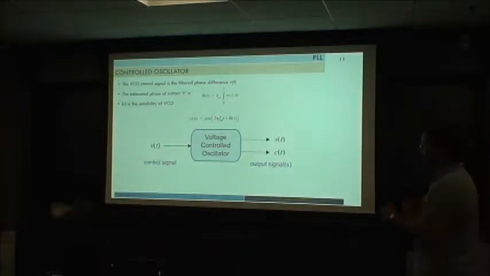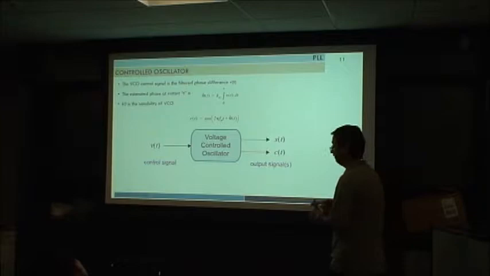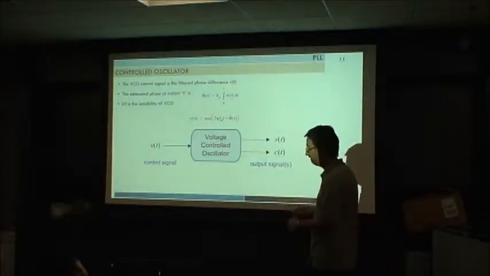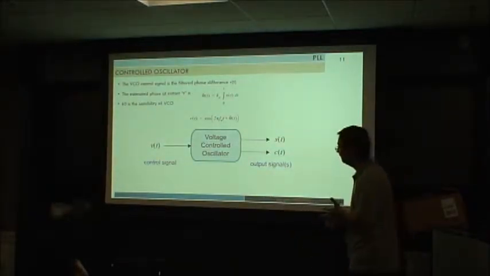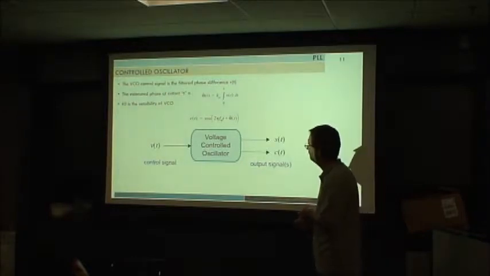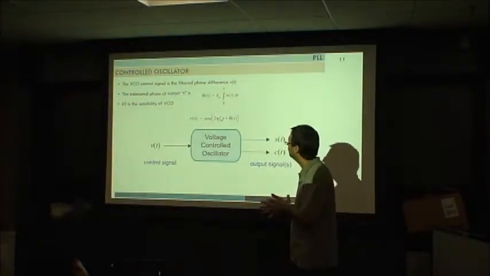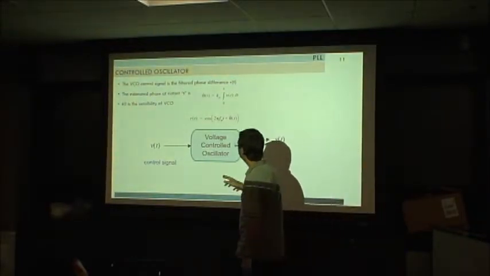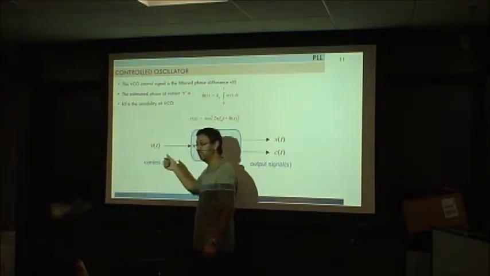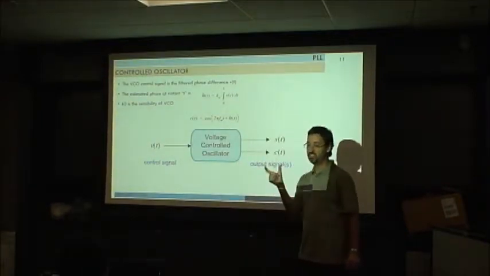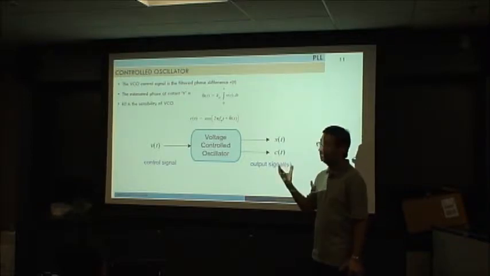And finally, we saw the phase detector, the loop filter, and then we will have this block, the VCO or NCO. Basically this signal is the filtered signal, so it's something proportional to the difference of the phase.